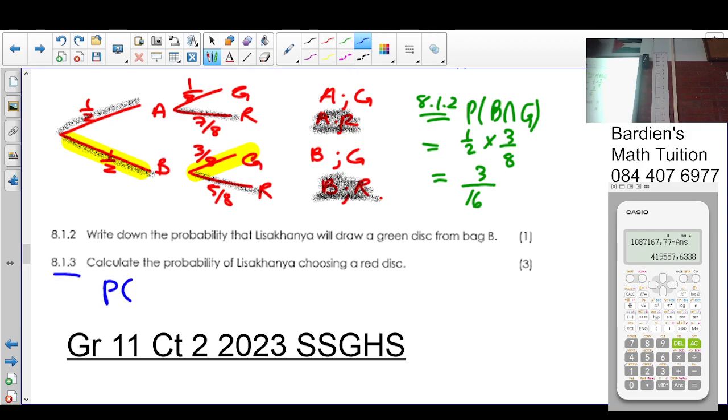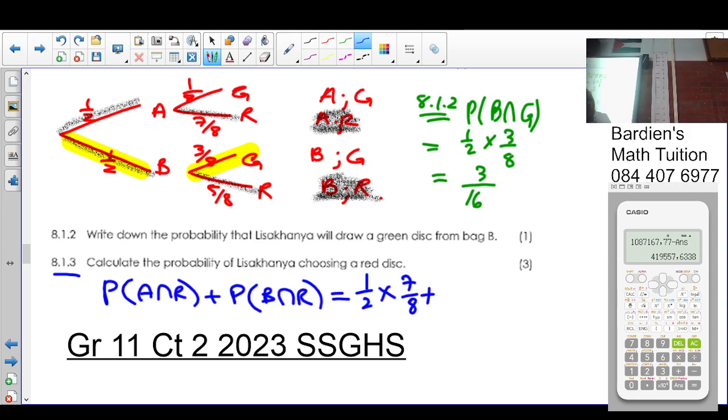So the probability of choosing a red could be A intersection red, from bag A in the red, plus bag B in the red. So that is simply half times 7 over 8 plus half times 5 over 8.